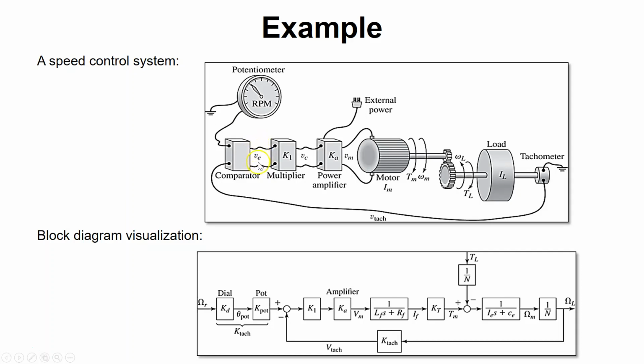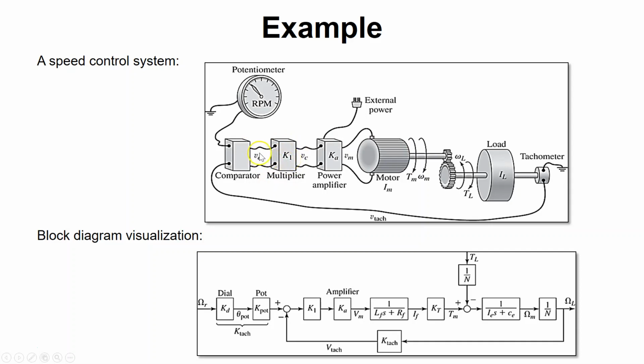The error in voltage. Now, since typically this voltage error is small, it is not enough to turn the DC motor, okay? It's not sufficient to provide an armature current for the motor to spin faster or slower. So we amplify it using transistors.